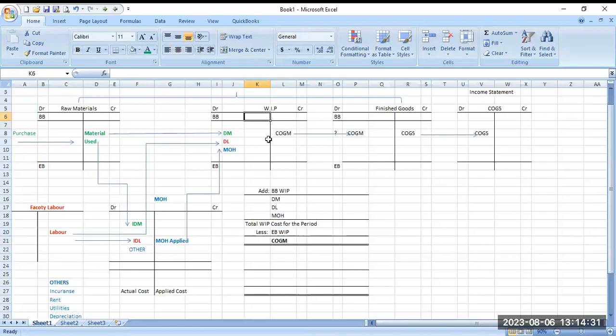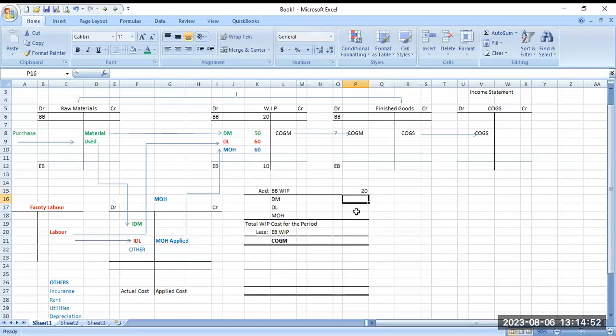Let's see if this works. Let's go with a small amount. 20 here, 50 here, 60 here, another 60 here, and the ending balance, let's leave it 10. Where we are now, we're going to add the beginning balance. That will be equal to this amount.